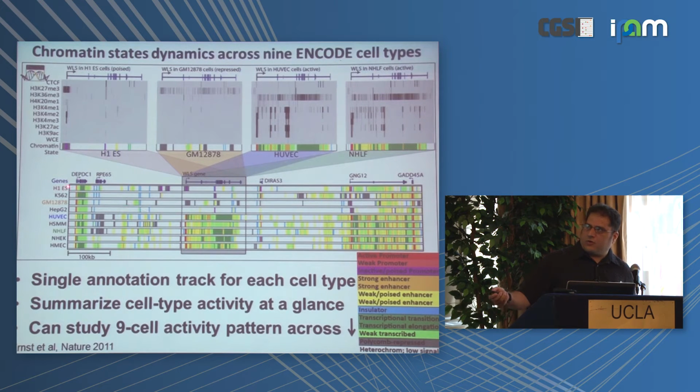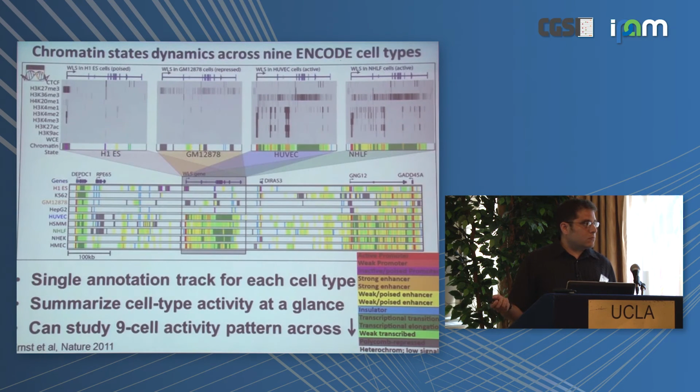And this is showing you now across 9 cell types. So somebody can go into the genome browser, bring up a location they're interested in, and quickly scan across the position and see the chromatin state annotation in that cell type, or do computational processing of the dynamics of these chromatin states across the cell types.